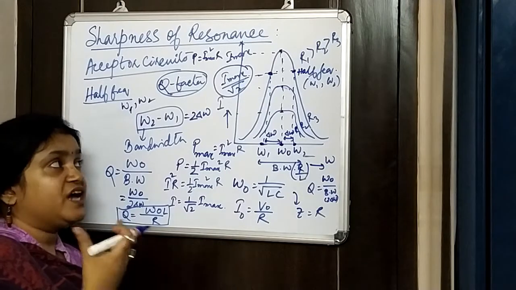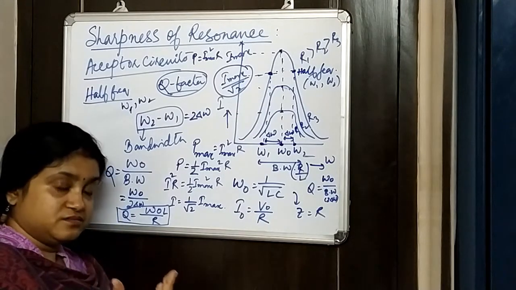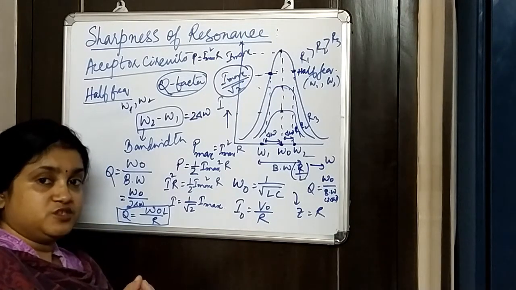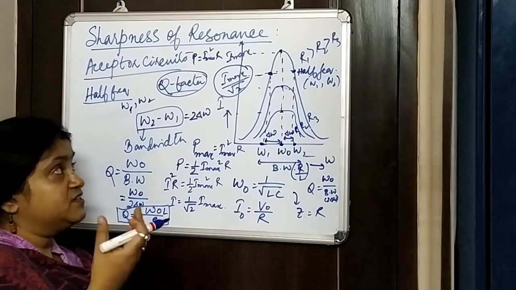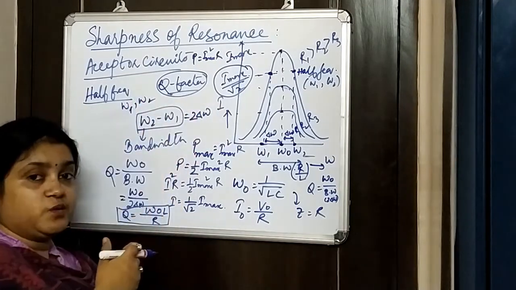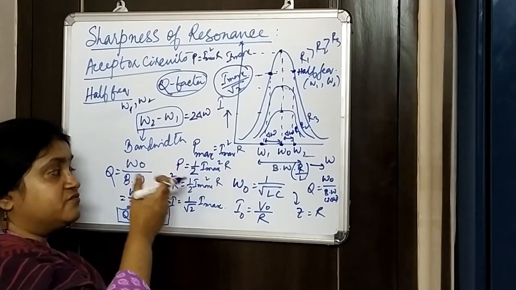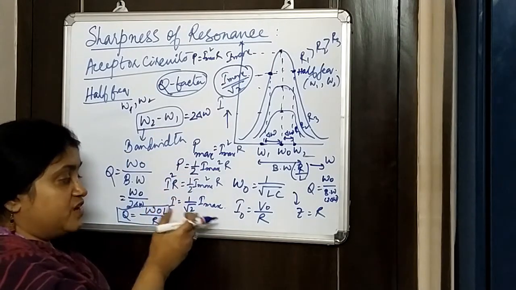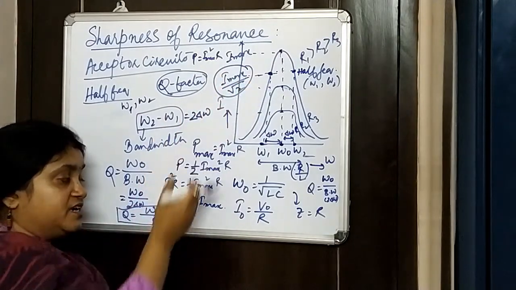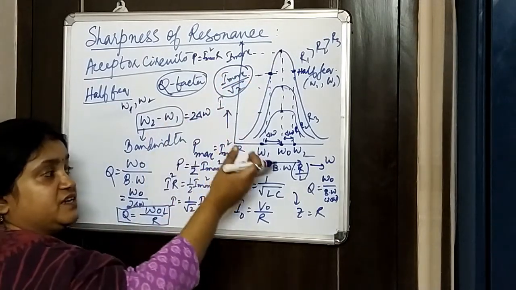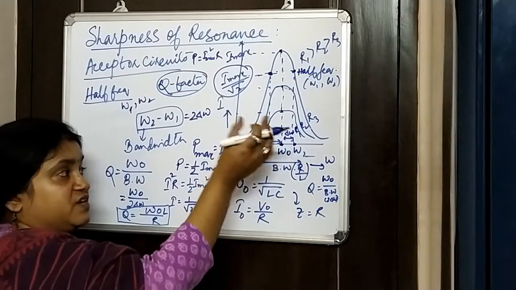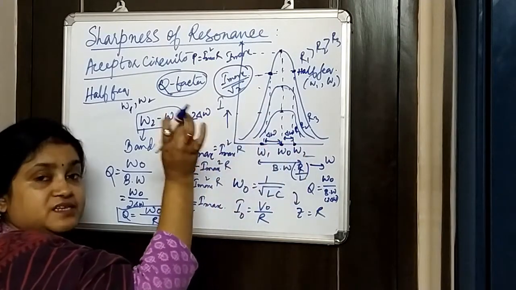And if I have to calculate the sharpness of that particular circuit, then first we have to know the half frequencies. For that we know the half power. From there we have found the current at half power. Then we have defined the 2 half frequencies. Then we have defined the distance between them as bandwidth.